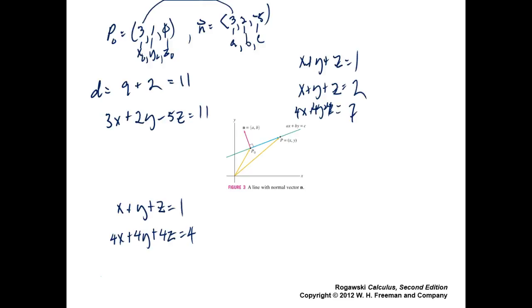Do the same thing with the planes, and even multiply them, because you could have 2ax plus 2by is equal to 2c. That would still be the same line as this one. What they've done here is make parallel planes. The planes are all parallel, but they're cutting through space in different places. They'll never intersect.